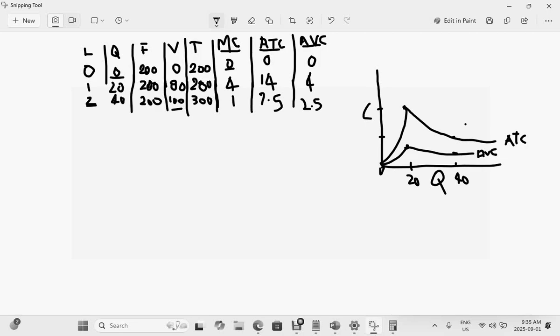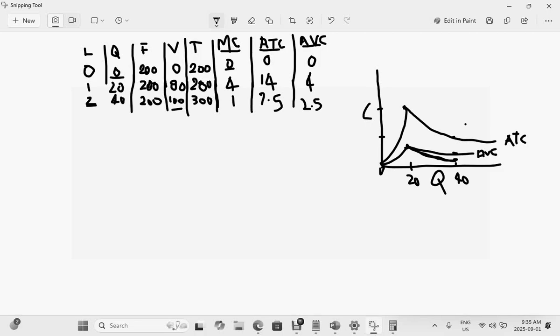So the change in cost is $1 for 40 units. So this will be 1 somewhere over here. Your marginal cost looks something like this, so it basically intersects your average variable cost curve.